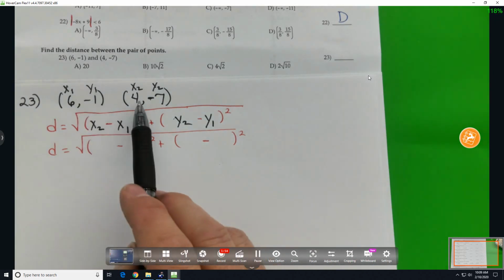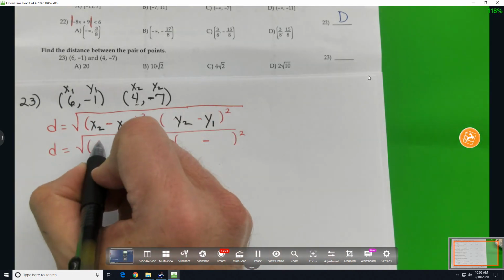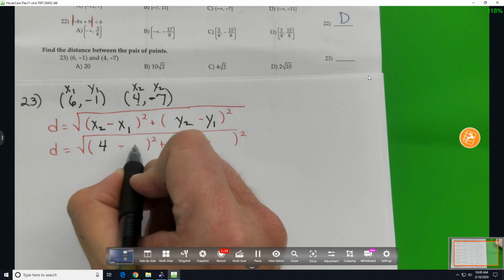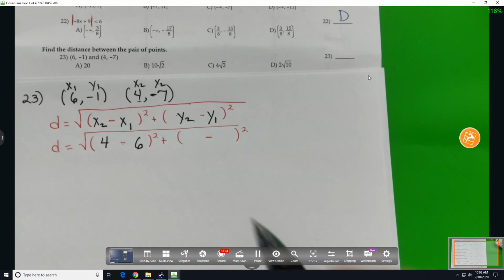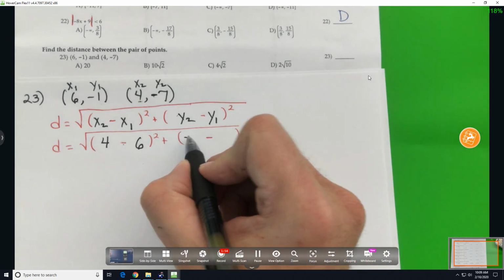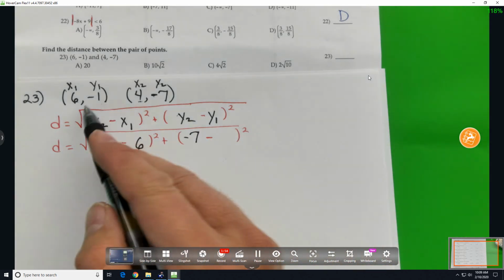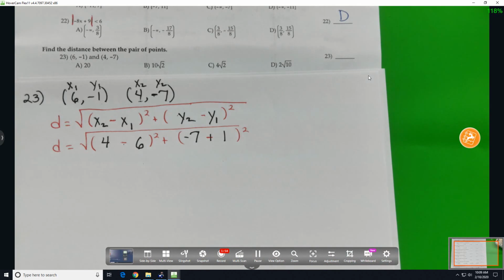Okay, second x minus first x. So, black 4. The red minus is from the formula. Black 6. Second y minus first y. So, negative 7 minus a negative 1. That would be a plus 1.